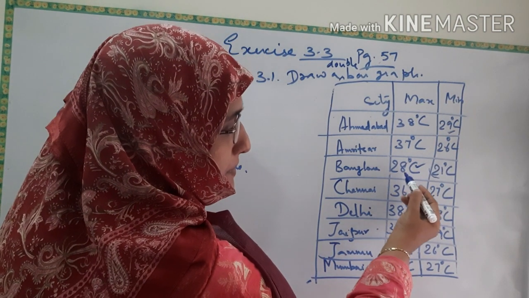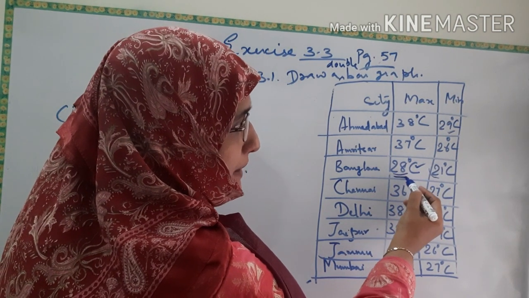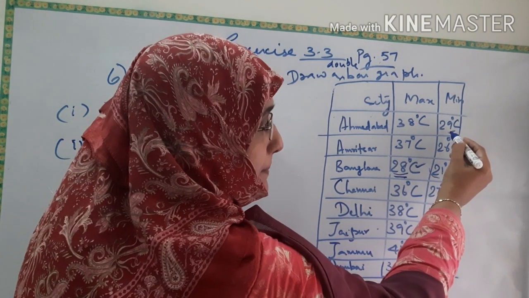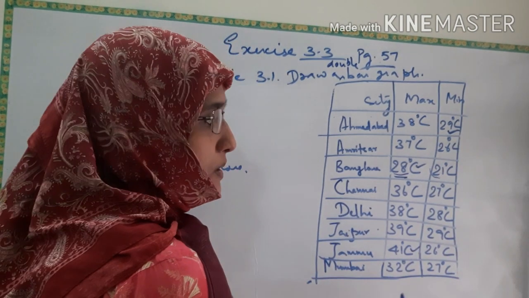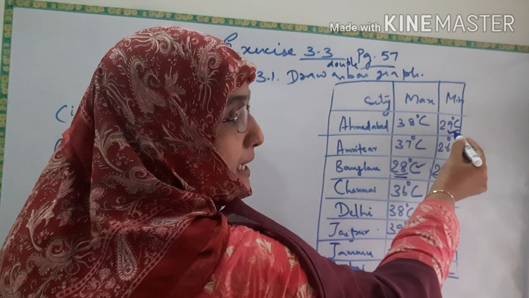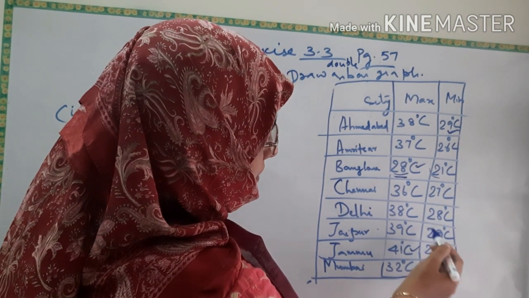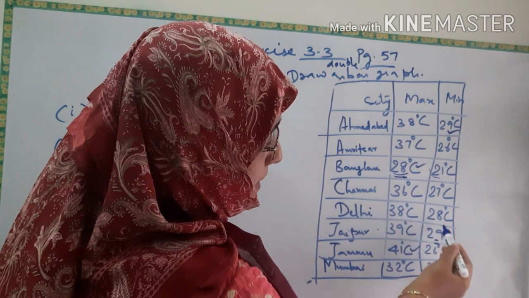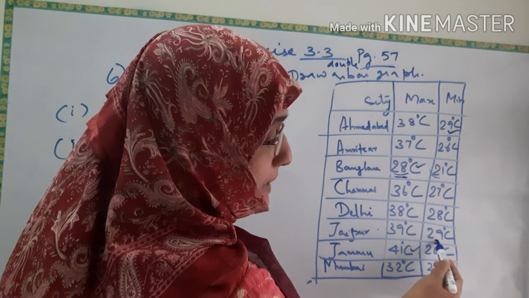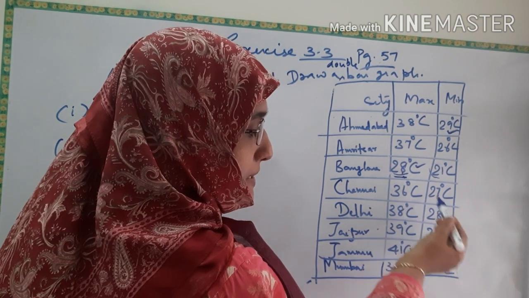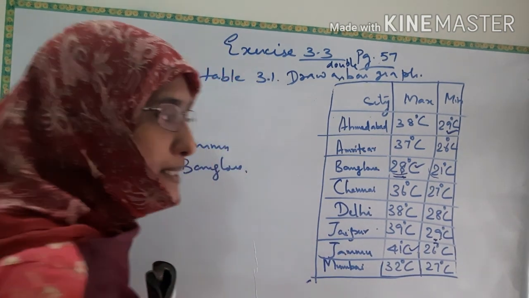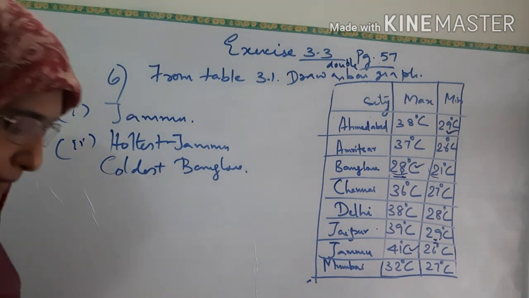See, the maximum temperature of Bangalore is less than the minimum temperature of Ahmedabad. So the answer will be Bangalore and Ahmedabad. There is another one also. Here, maximum of Bangalore is 28 and minimum of Jaipur is 29. So here the maximum is less than the minimum of the other state. So both you can write there.